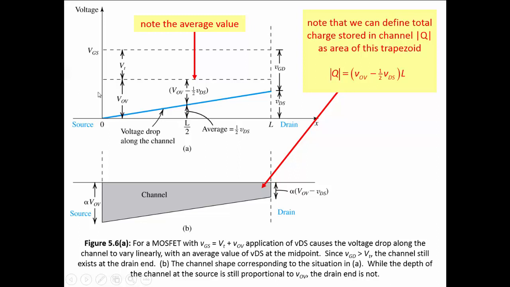How do we calculate that area? Well, we can take the total area of this rectangle and then subtract this triangle. And that's what's done right here. That's why we do VOV, which is the total height, minus 1/2 of VDS, and that's the effective overdrive voltage for our entire channel.